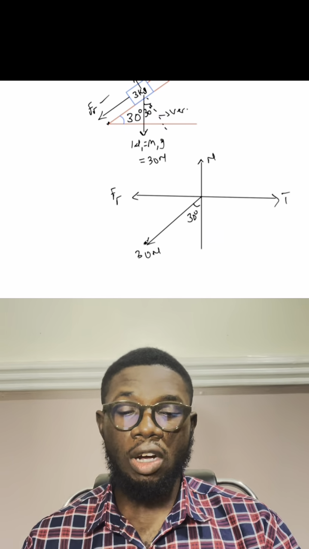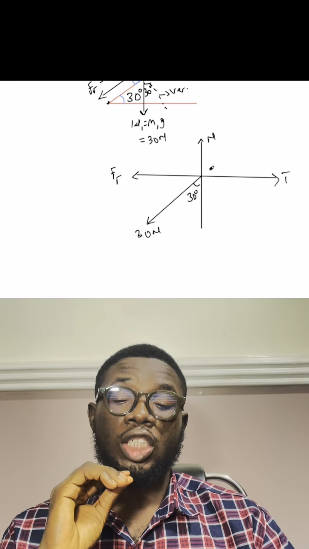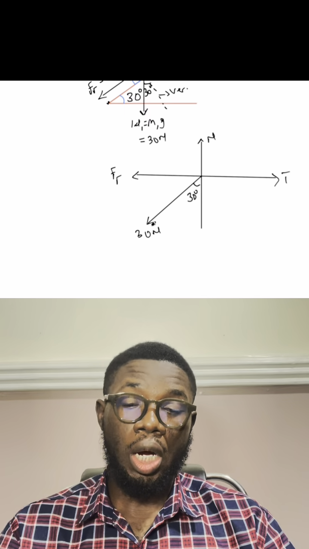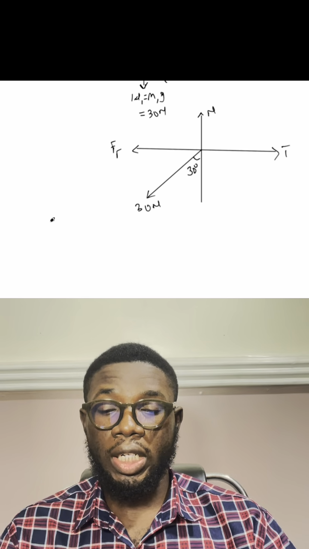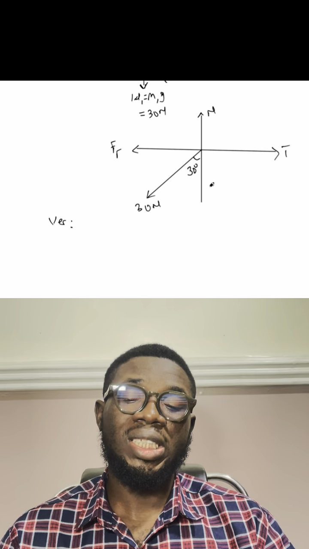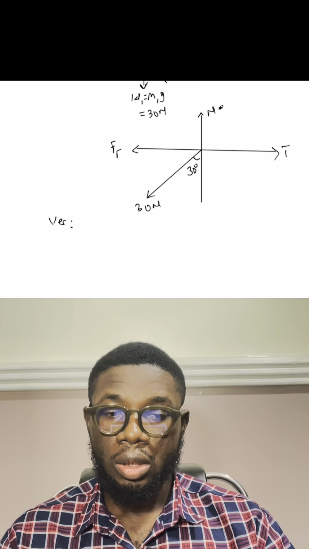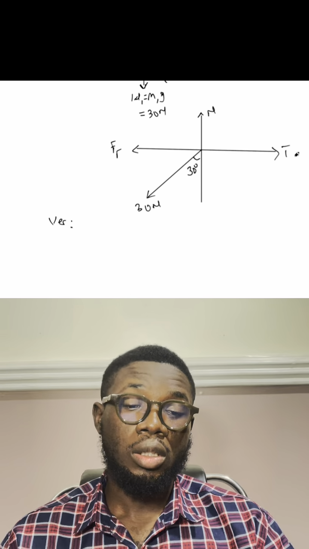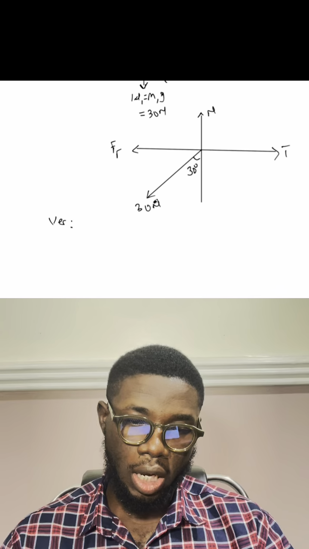Now, when you have problems like this, one of the things you need to do is a little bit of analysis such that you get what we call the vertical component and the horizontal component. So for your vertical, let's look at the forces that are acting in the vertical direction. We have four forces here in total: the normal force, the frictional force, the force of tension, and the weight of the body that is acting downward.